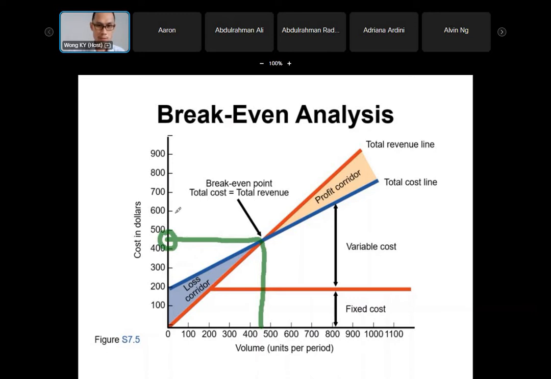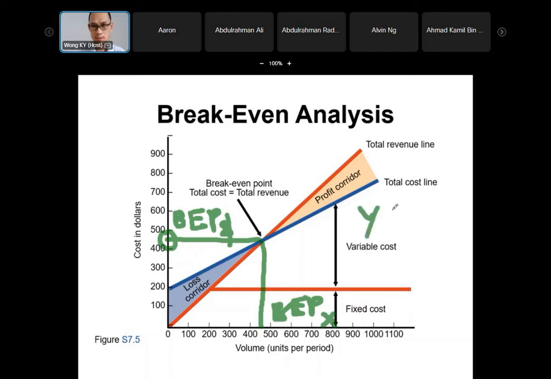This point is known as BEP dollar, and this is BEPX. BEP dollar is just equal to the slope of the revenue line times BEPX.